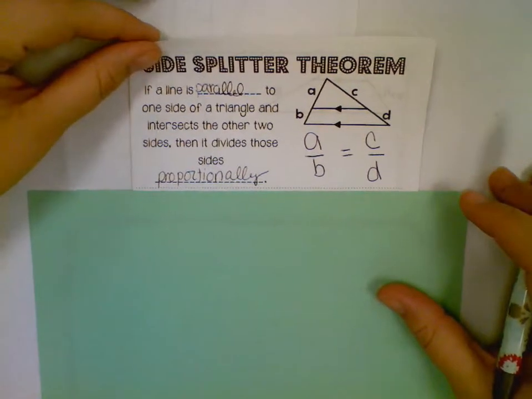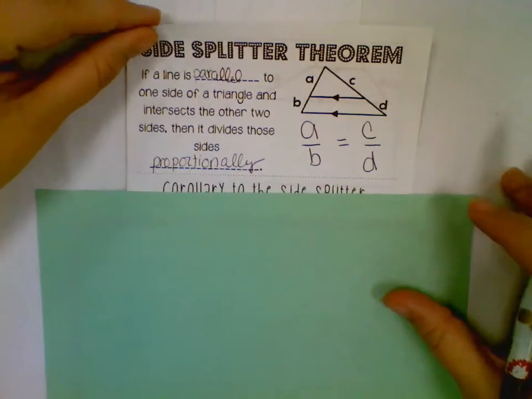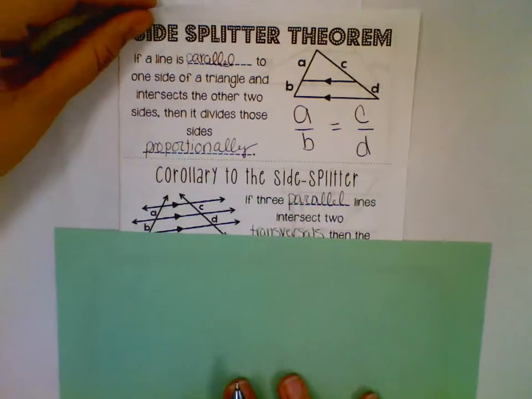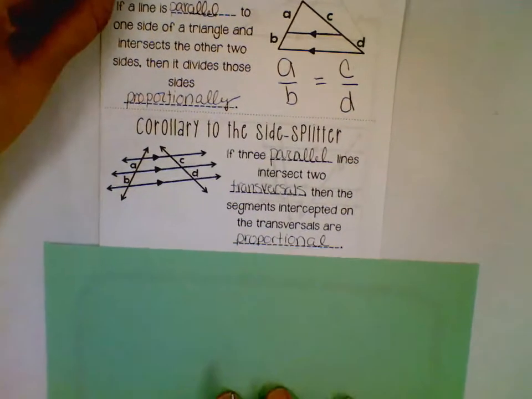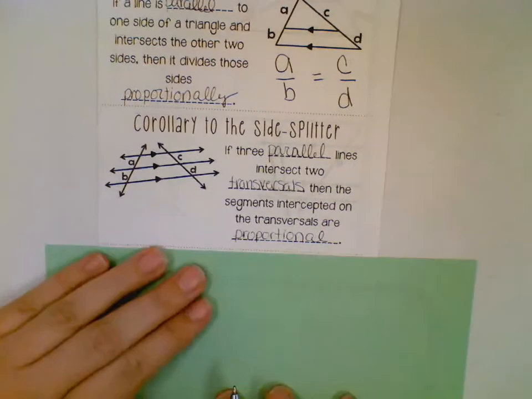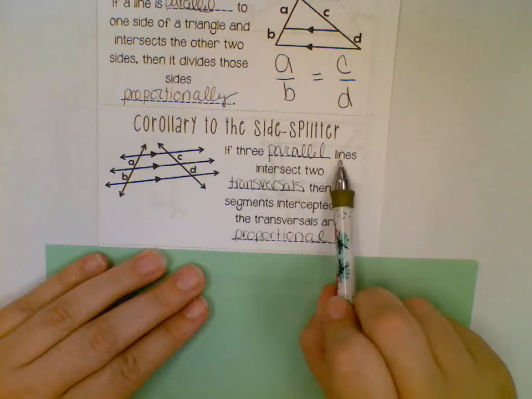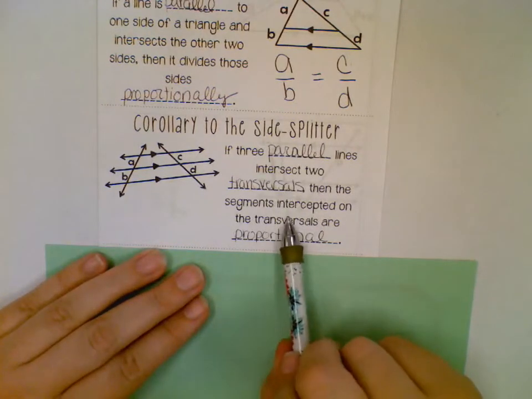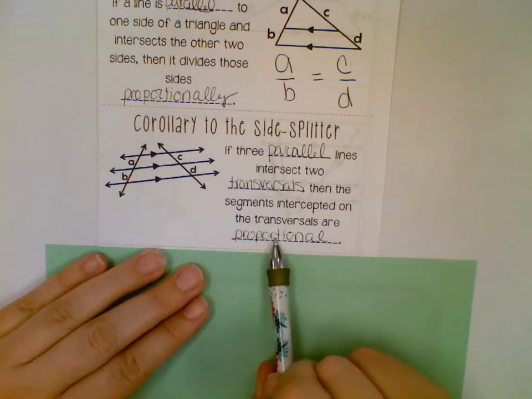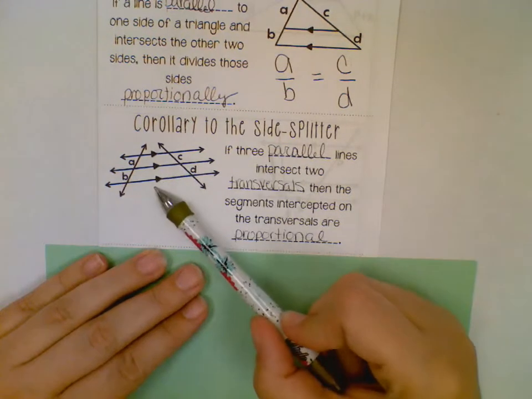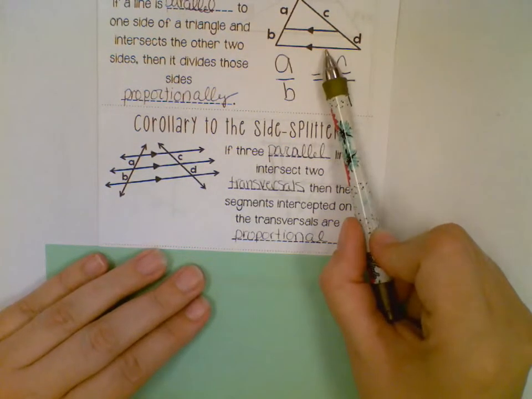So the corollary to that theorem, or the theorem that can be made from the one that we just talked about, so they're very similar, is the corollary to the side splitter, and it tells us that if we have three parallel lines and they intersect two transversals, then those segments intercepted on the transversals are proportional. So the idea behind this one is pretty much just like the one that we had up there.